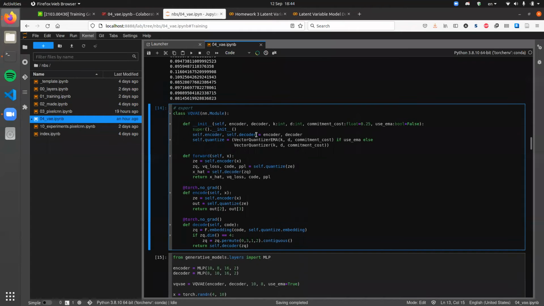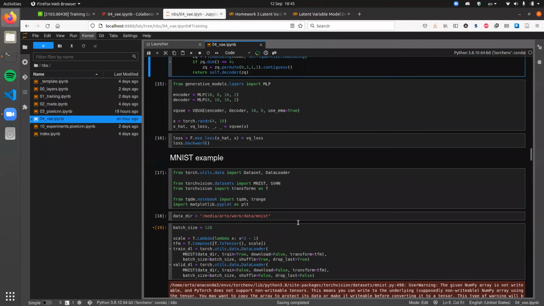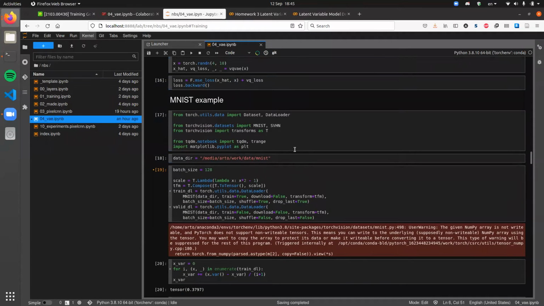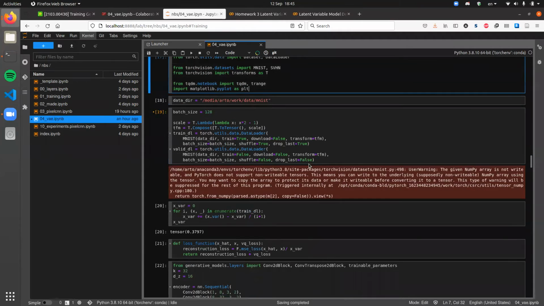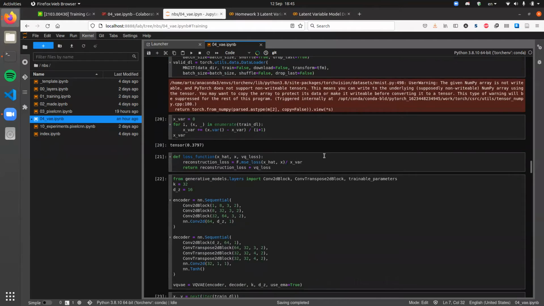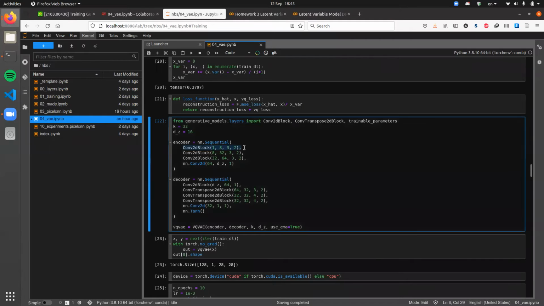And again, you can have whatever encoder and decoder are appropriate for your task here. Okay, so here I will show a quick example with the MNIST dataset. I use a really simple encoder and decoder here, a stack of convolutional layers.